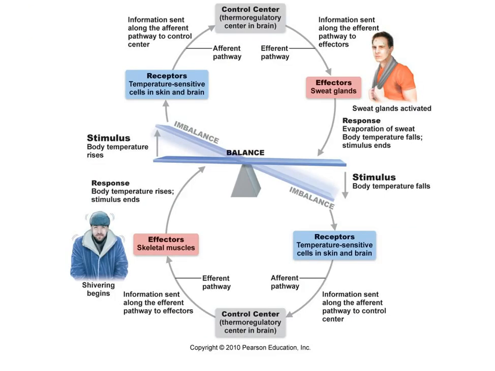And here's the one about temperature. Temperature-sensitive cells in the skin and the brain pick up on a change in temperature. Information goes to the brain, to the thermoregulatory center. It sends information back to the sweat glands, and you start sweating, and you get back to normal temperature. And the other way is true as well.